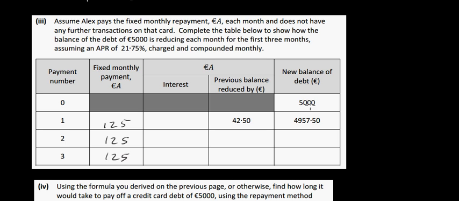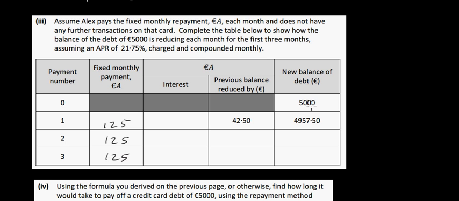Now, the interest rate per month is 1.65%, so we've got to get 1.65% of this 5,000. Remember, they've already given us a few values here, so if we get this right, we can work it out and make sure that these values are correct.